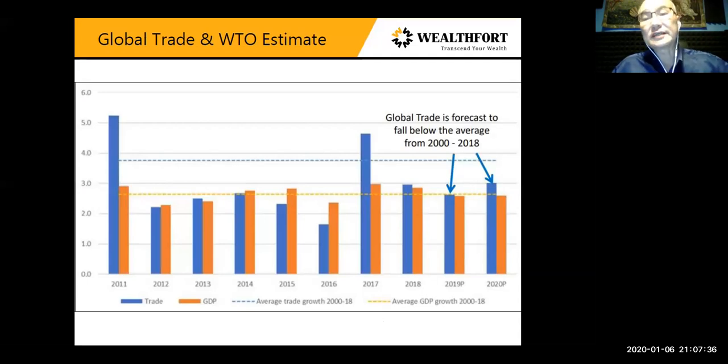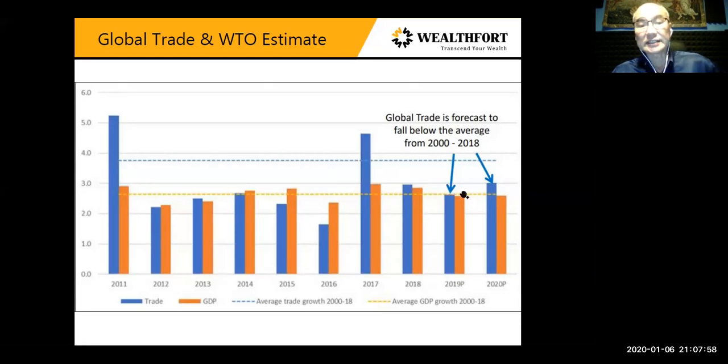So global trade is forecast to fall below the average from 2000 to 2018. Now this is the average over the last 18 years. Now this data is from WTO.